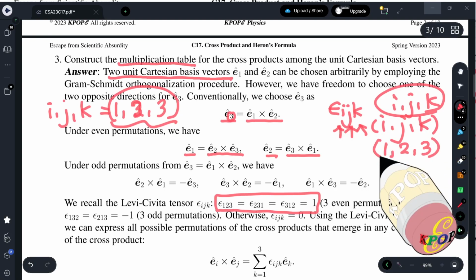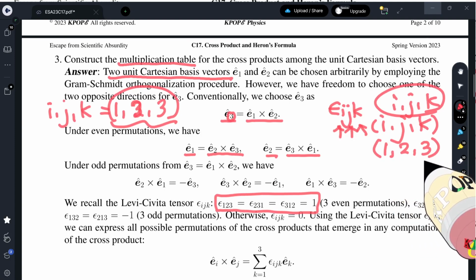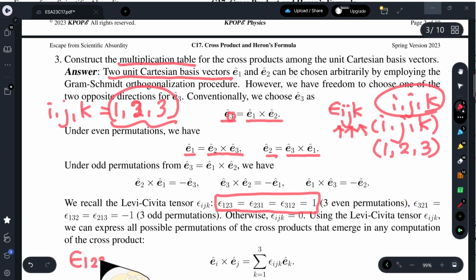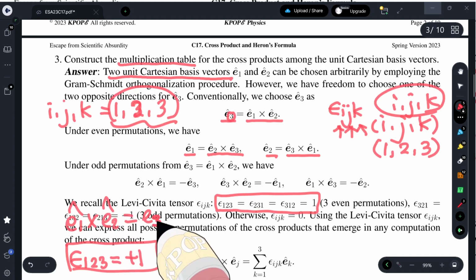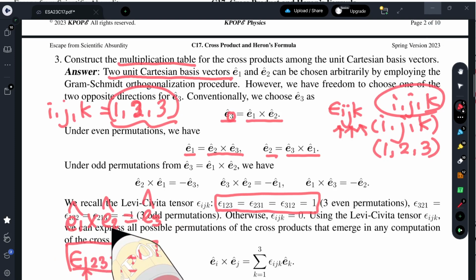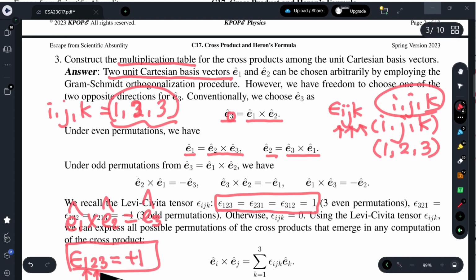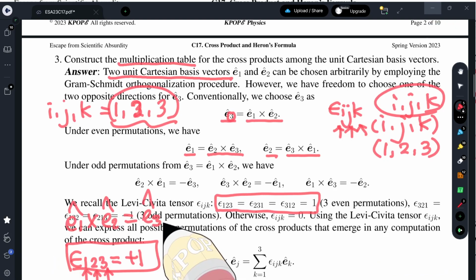We define epsilon 1, 2, 3 equals plus 1 because we know e1 cross e2 equals e3. Here, this 1 came from e1, this 2 came from e2, and this 3 came from e3.